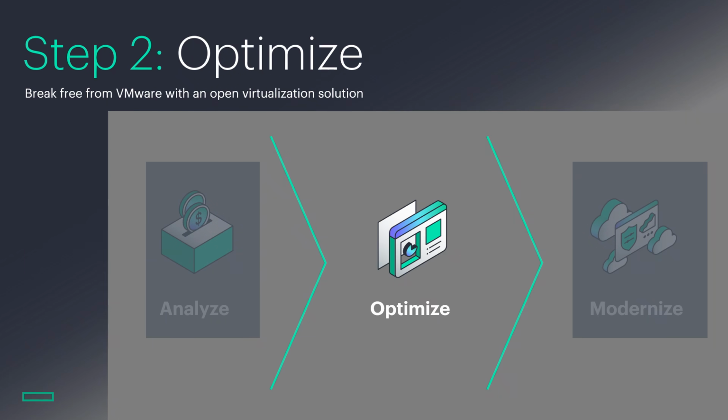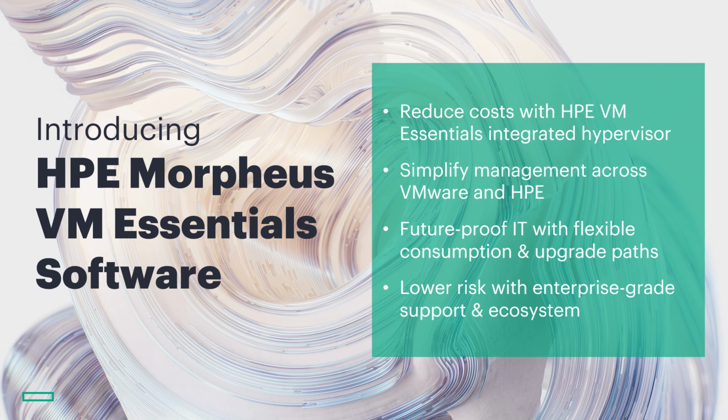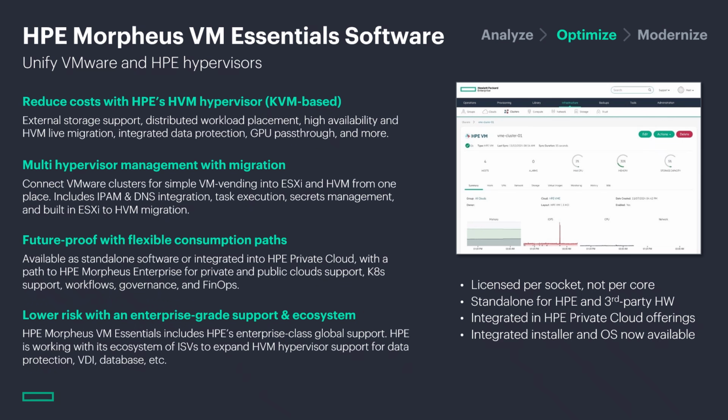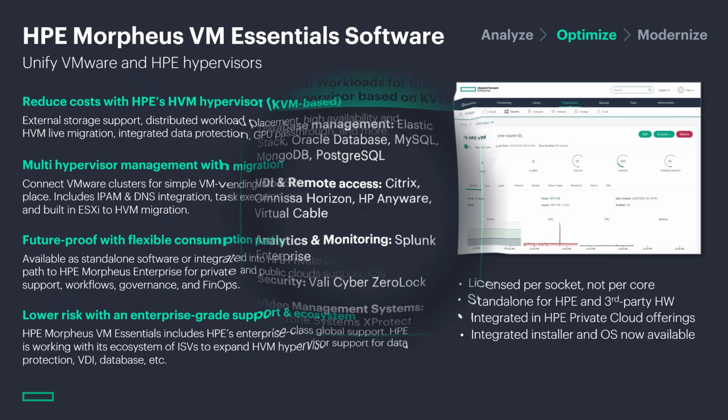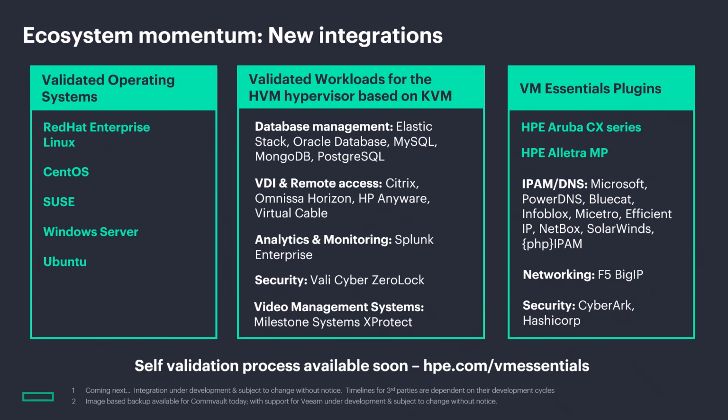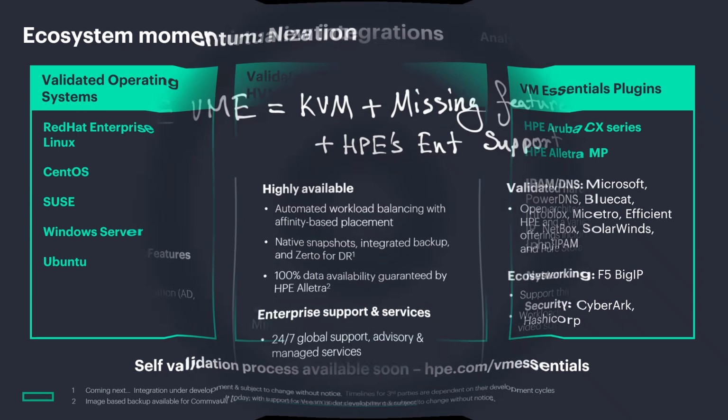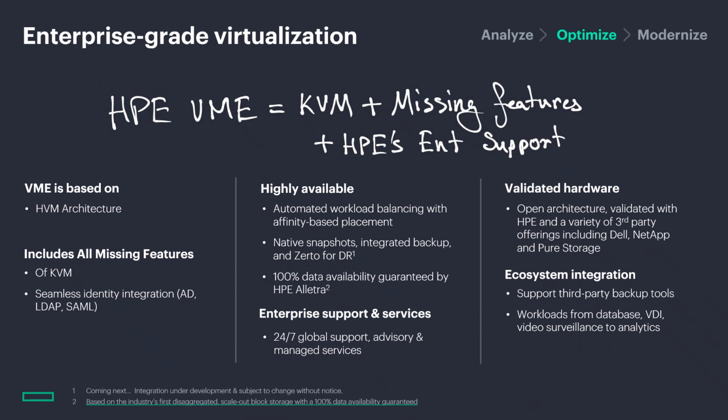Step 2. Optimize. The stepping stone: virtualize via HPE Morpheus VM Essentials. So, what exactly is VME? We are aware that KVM is already widely established and certified for massive workloads like Red Hat Enterprise Linux, Windows Server, Oracle Database, MySQL, MongoDB, PostgreSQL, etc. HPE VME is built on the HVM hypervisor, which is an enterprise-grade virtualization technology based on KVM, kernel-based virtual machine.